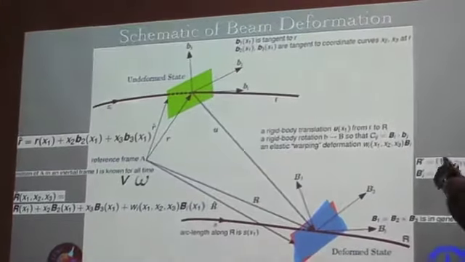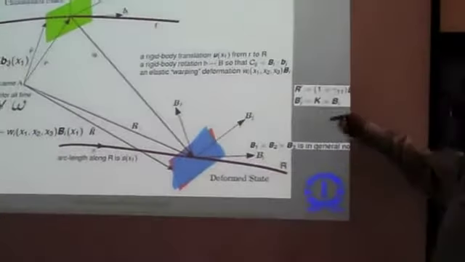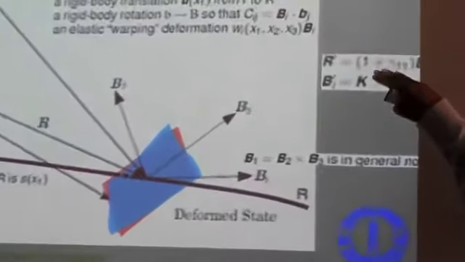This particular thing over here, you see, is the way we introduce the 1D strains. Actually, there are further terms which are missing here.